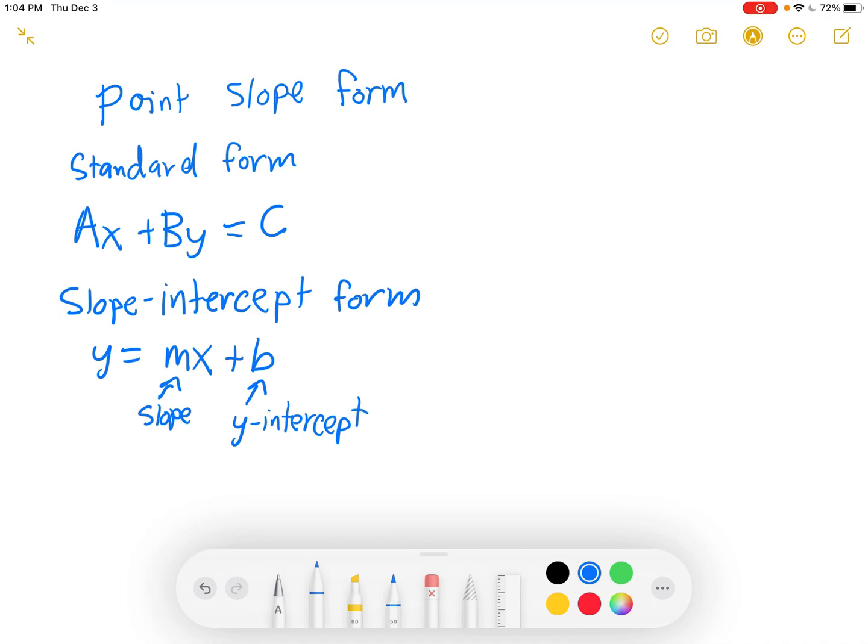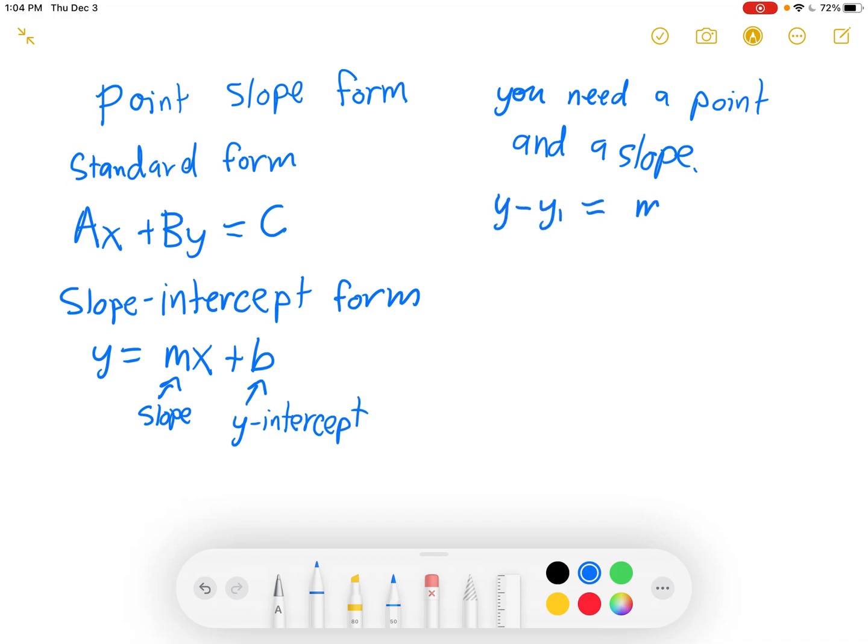Point-slope form is a different way to represent a line. It is specifically a point and the slope. It's right there in the name. The generic form is y - y1 = m(x - x1).